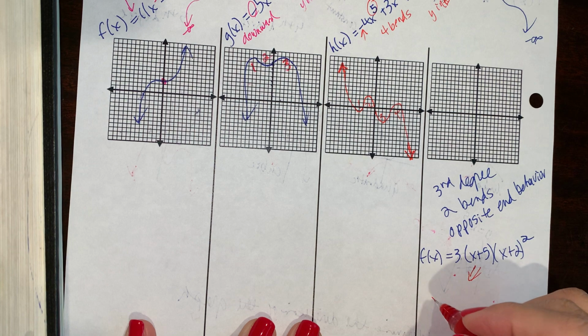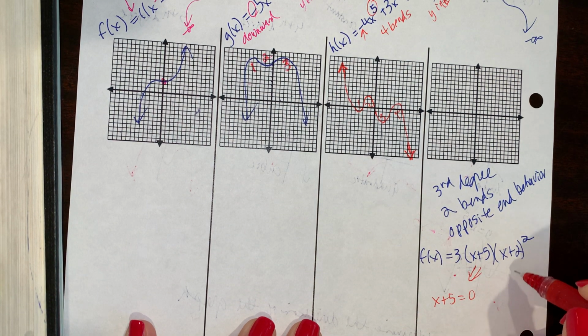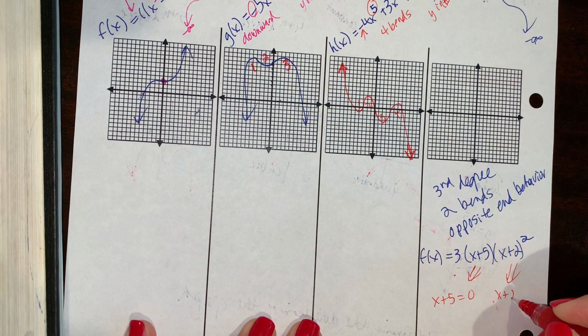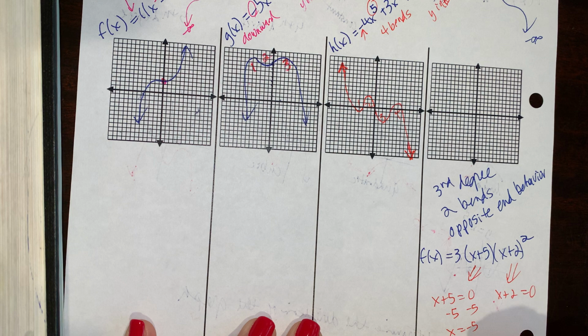This x plus 5, if I set it equal to 0, and this x plus 2, if I set it equal to 0, so if I subtract 5, that means x equals negative 5. What that is telling me is that's an x-intercept.